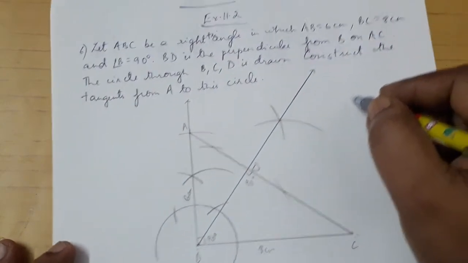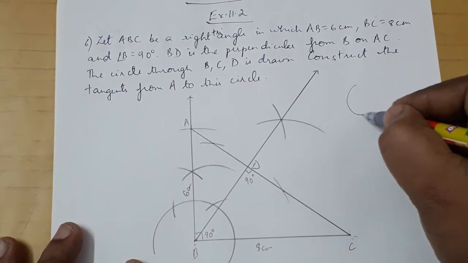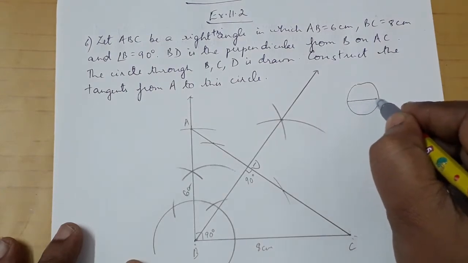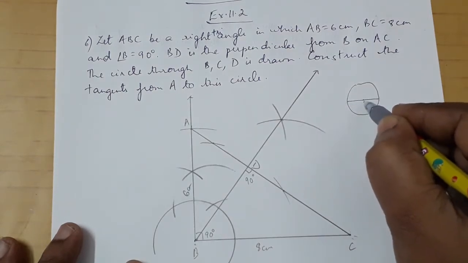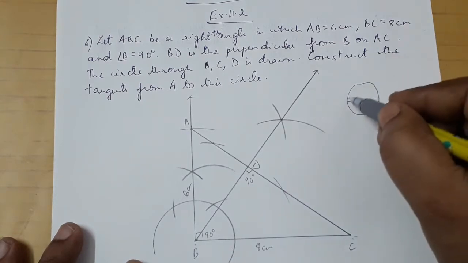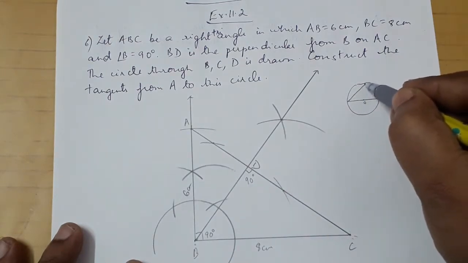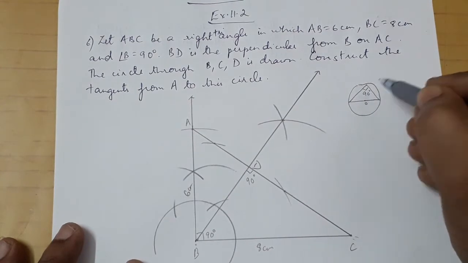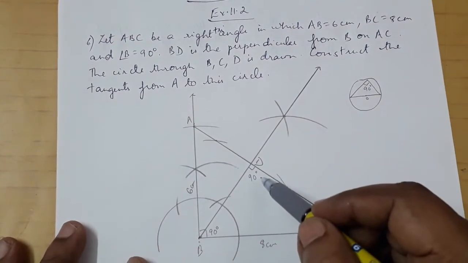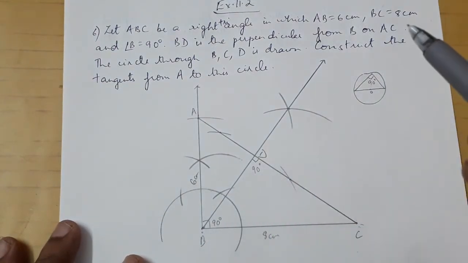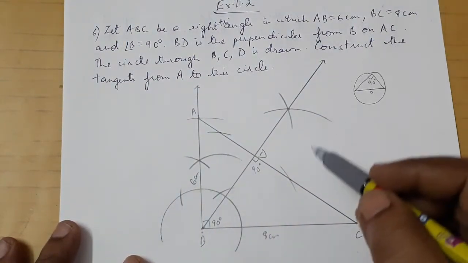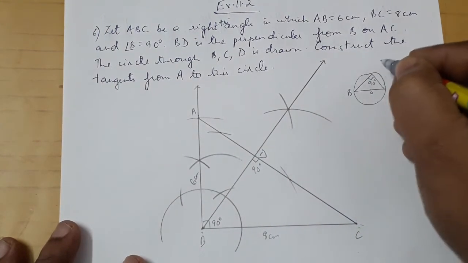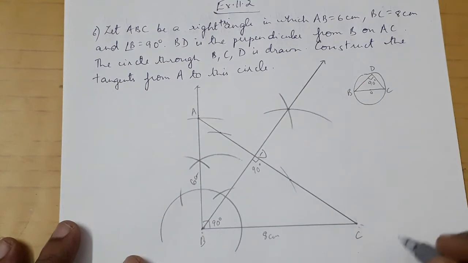So if we have a circle here, and a semicircle, which means that would be the diameter, with center somewhere like O, and an angle formed this way, that angle becomes 90 degrees. Now here we already have 90 degrees, and we are asked to draw a circle that passes through these 3 points, B, D and C, right?